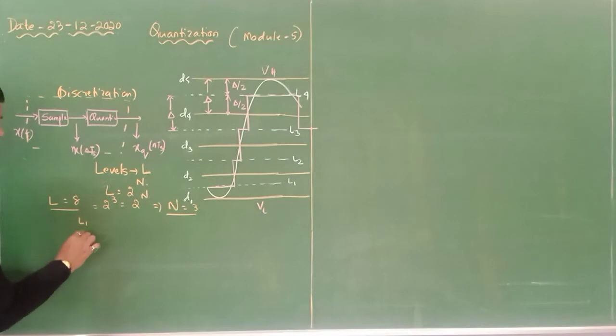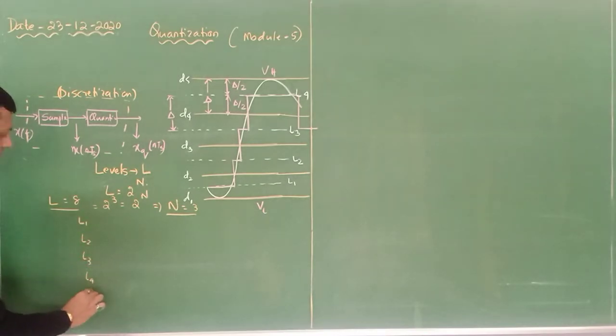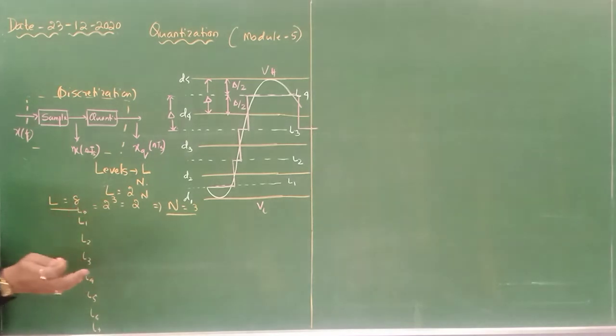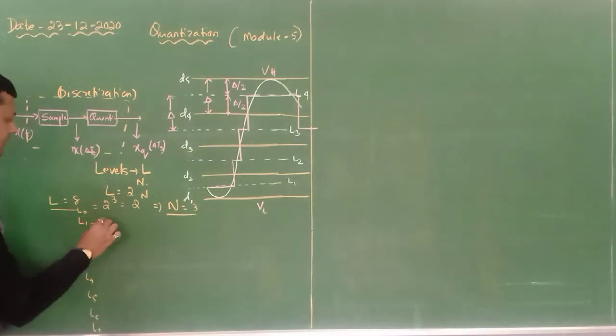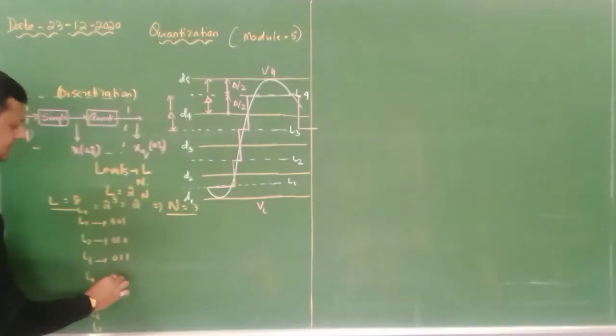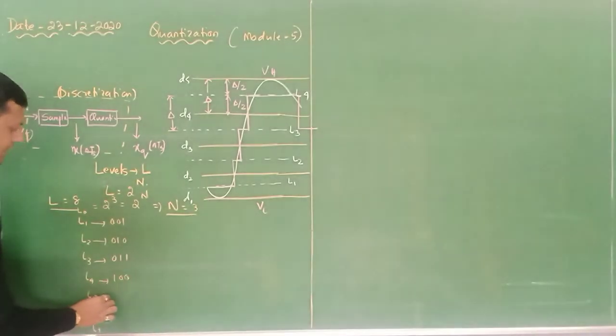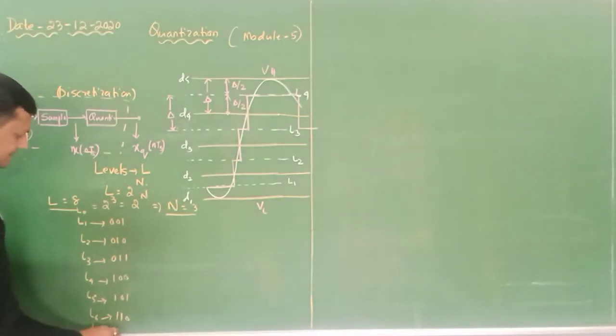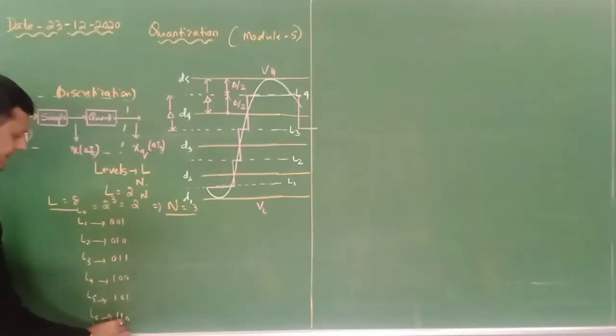Suppose we have L0, L1, L2, L3, L4, L5, L6, L7. Level 0 is not considered. So if it is level 1, 0 0 1; if it is level 2, 0 1 0; if it is level 3, 0 1 1; if it is level 4, 1 0 0; if it is 5, 1 0 1; if it is 6, 1 1 0; if it is 7, 1 1 1.